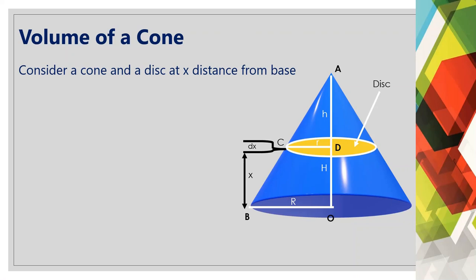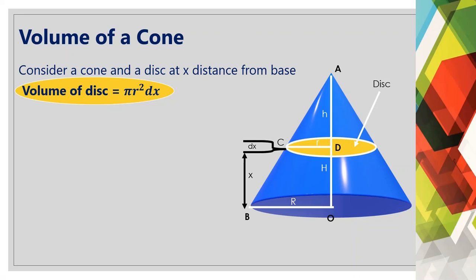Thus, the volume of the disk is equivalent to the volume of the cylinder, with height dx and radius r. Since these are two variables, radius r and height from the base x, that would be changing in many of the disks in the cone, a relation has to be formed between variable r and x.